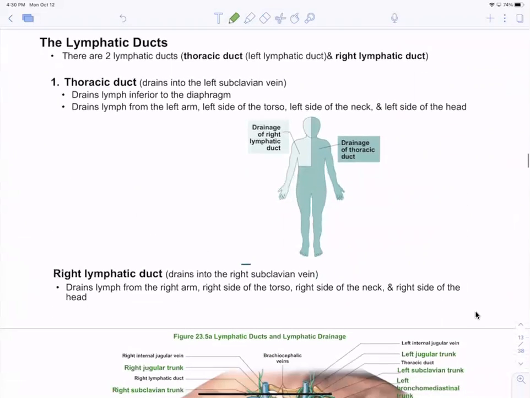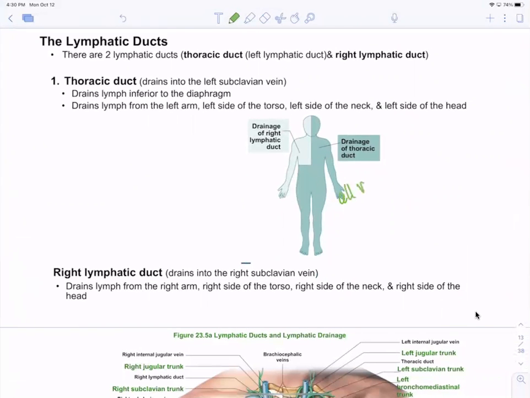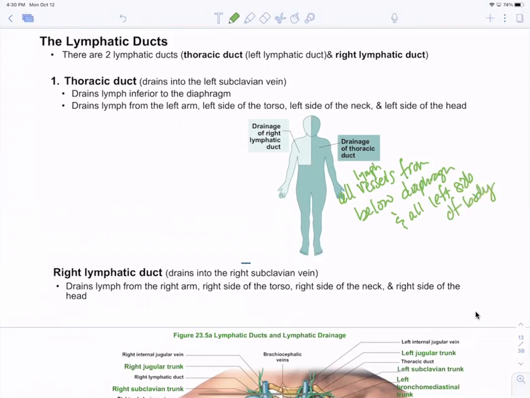And one really interesting point is that all lymphatic ducts or vessels from below the diaphragm and all left side of the body drain into the left subclavian vein via the thoracic duct.